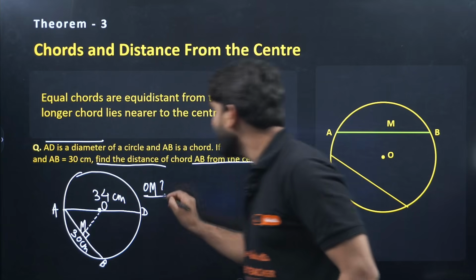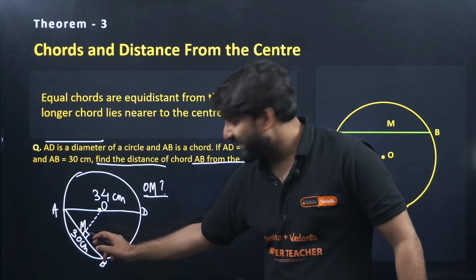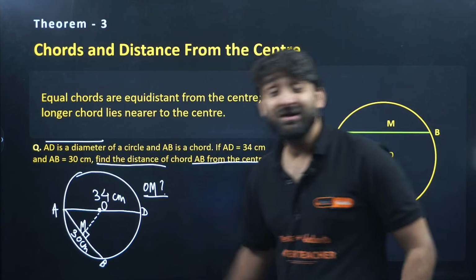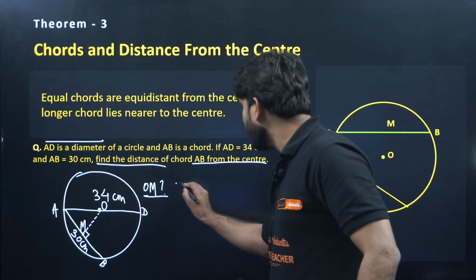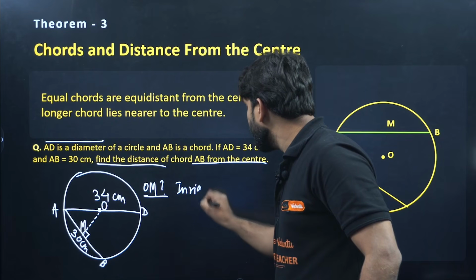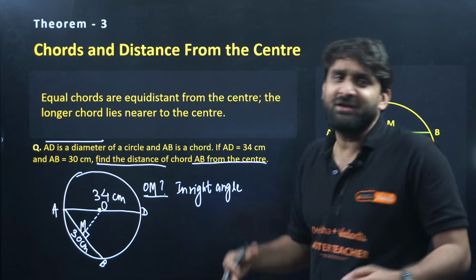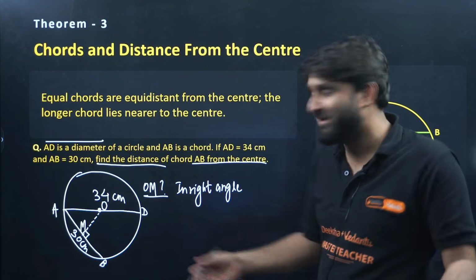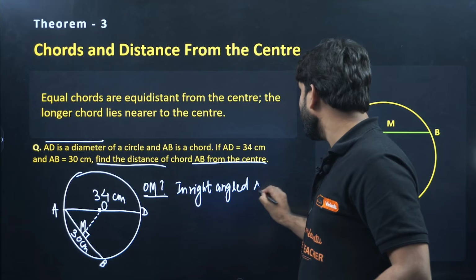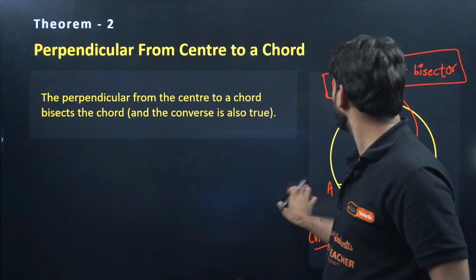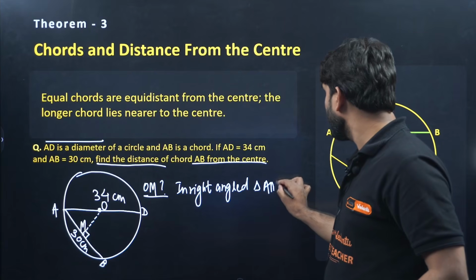What will be OM? My dear champion, if this is 90 degree, we have AMO, a right angle triangle. One 90 degree is enough to call a triangle a right angle triangle. The triangle name is AMO.